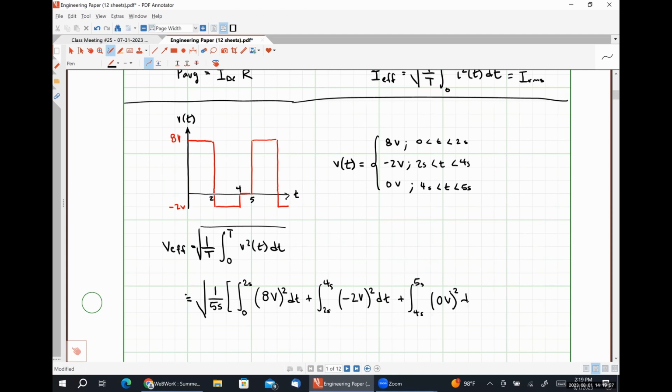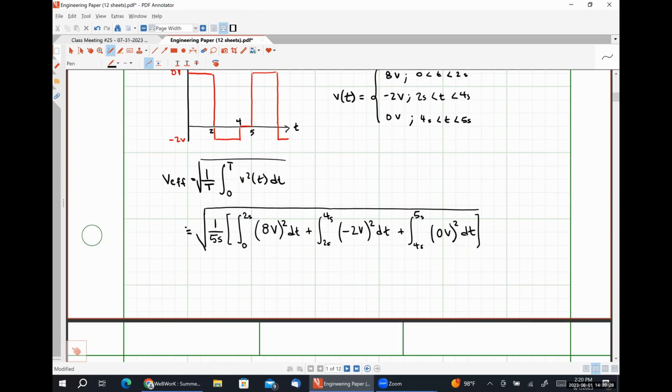Let's square it, dt. I'll close my brackets and extend this square root sign. So I'm integrating over one period from 0 seconds all the way out to 5 seconds. But I've broken this into 3 integrals because the voltage has 3 discrete values over this interval.